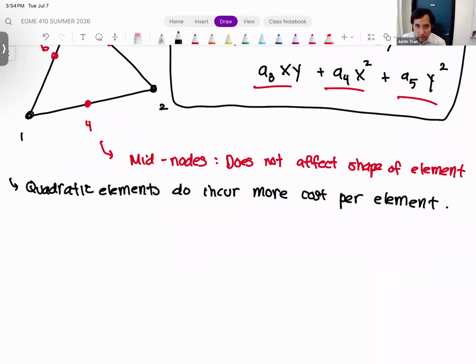And so when you do make the transition from linear to quadratic elements, or let's say that you just choose quadratic elements from the beginning, technically we call that a refinement.